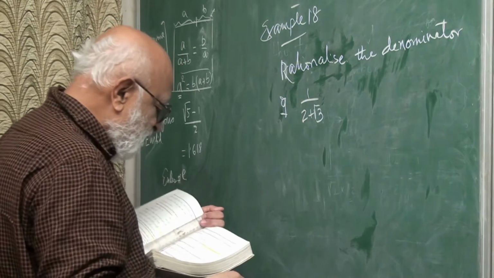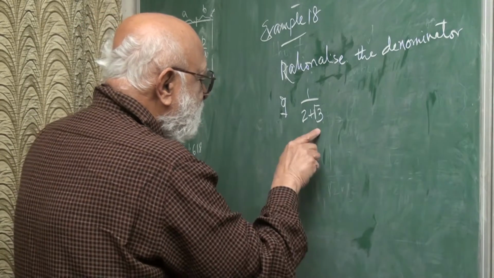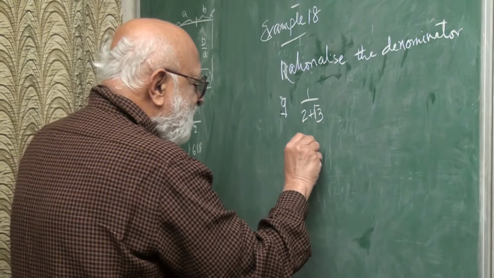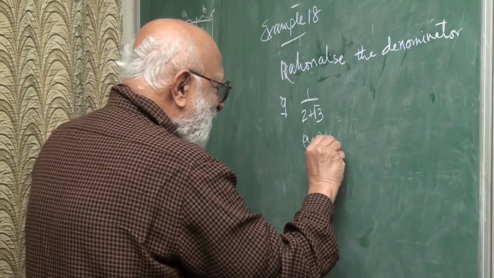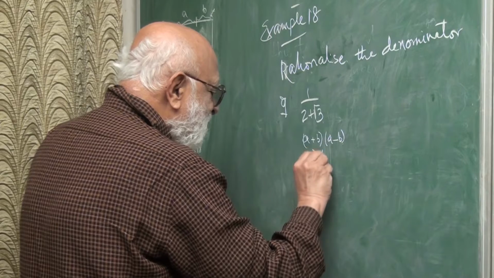Very easy. What do you do? I will take this as A, this as B, and multiply by A minus B, so that I get A square minus B square.